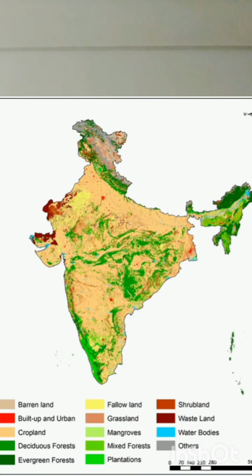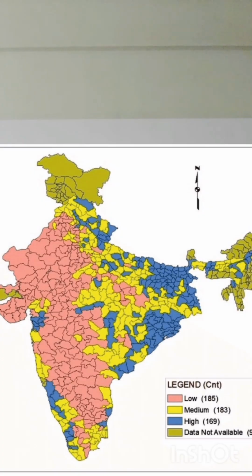Both physical and anthropogenic factors are important for any land use. So land use pattern means how we are using the land, and many factors come into this.